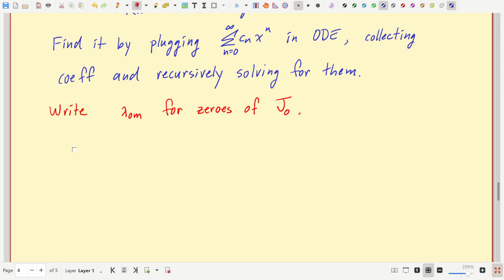I haven't thought about this yet, but now I want to think about the boundary condition. And now I'm going to stop writing X and start writing R again. So R0 of R is the jth Bessel function. Oh, I haven't scaled it yet.